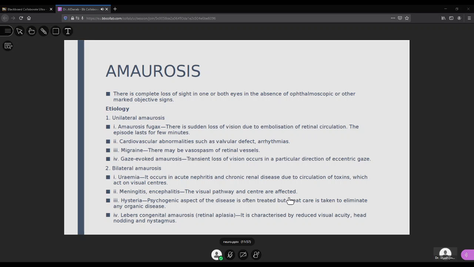Causes include cardiovascular abnormalities such as valvular defect, arrhythmias, and migraine. There may be vasospasm of retinal vessels. Gaze-evoked amaurosis is transient loss of vision occurring in a particular direction of eccentric gaze. Bilateral amaurosis occurs in uremia, meningitis, encephalitis, hysteria, and Leber congenital amaurosis, which is retinal aplasia.